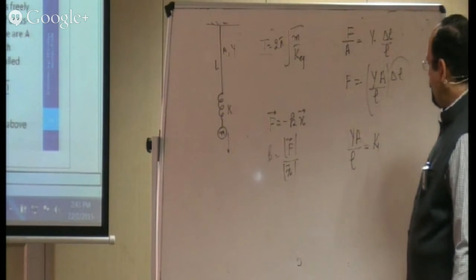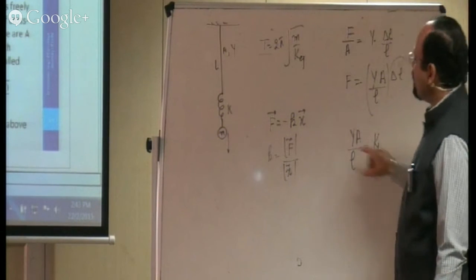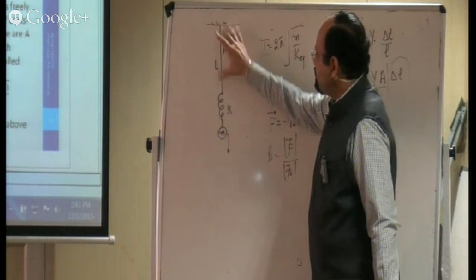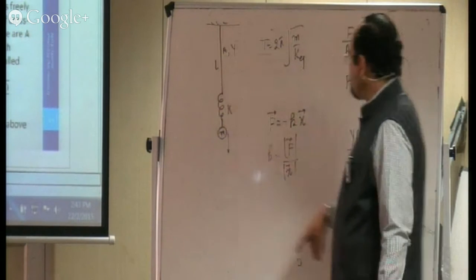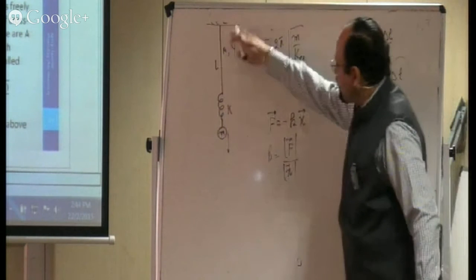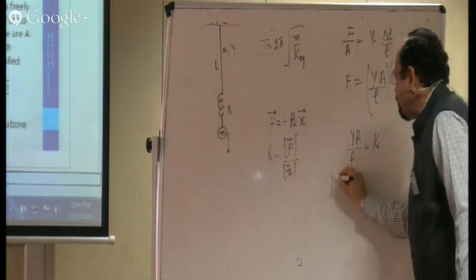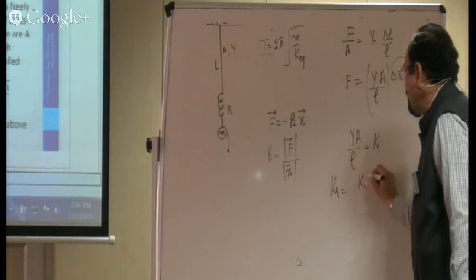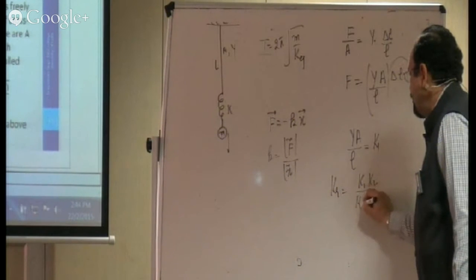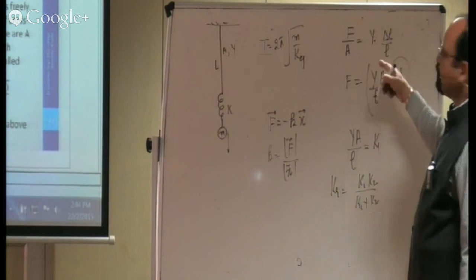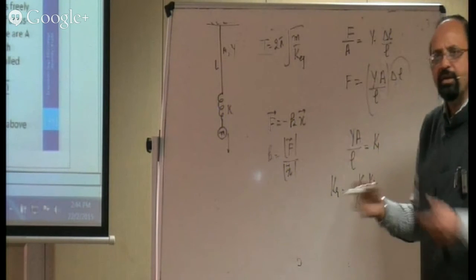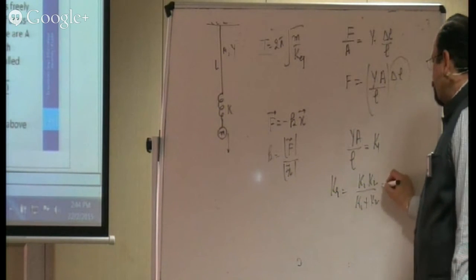Moreover, if this is the force constant of this wire, it is in series with this one. And what is the equivalent of the entire combination? The equivalent will be K1 K2 divided by K1 plus K2. I already used that formula, 1 by K equivalent. If you solve it, you will get this. So what then do we have?